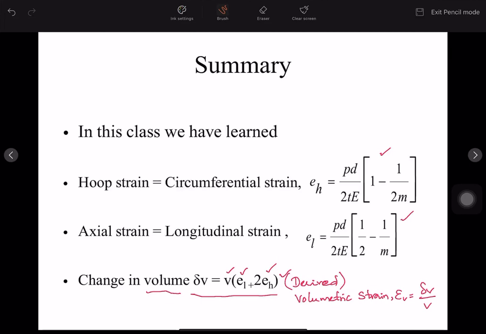Or there is another equation for this: PD by 4T into 5 minus 4 mu into the original volume V. So depending upon the values mentioned in the question, we can use either this formula or this formula.